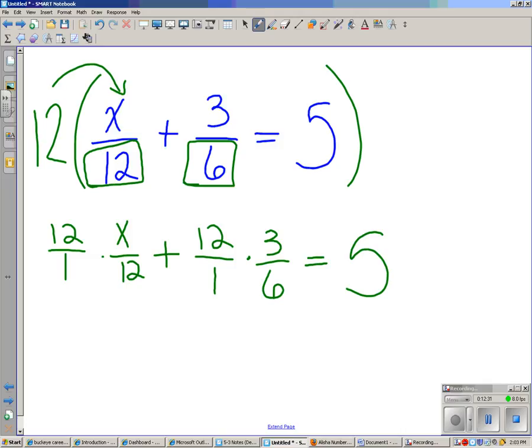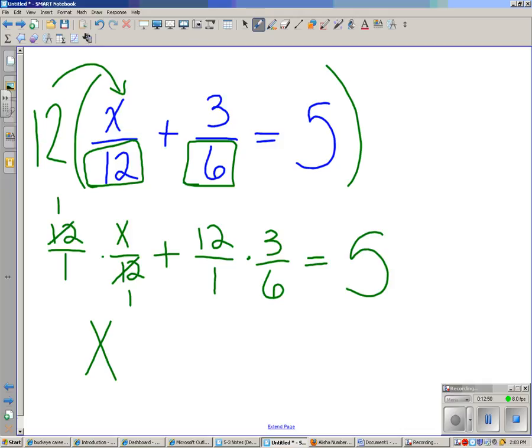Now, cross-reduce. Okay? So this one, if I cross-reduce this, I think, okay, what goes into 12 and 12? 12, right? So they're both reduced to 1. And I'm left with just x.